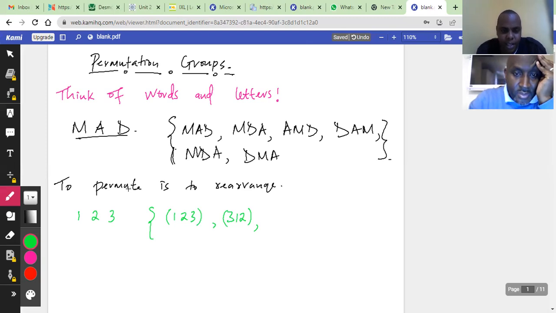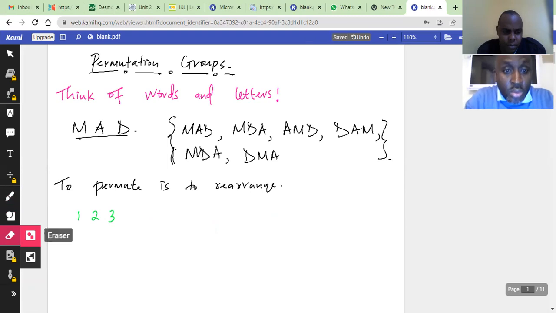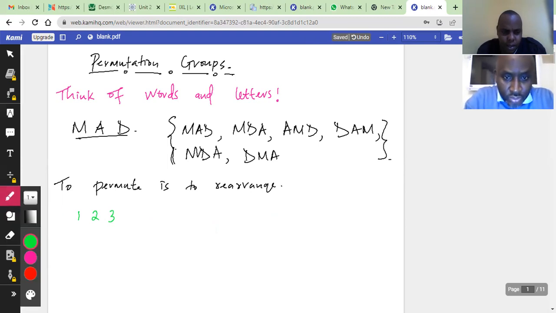That rearrangement means that 1 has gone to 3, 2 has gone to 1, and 3 has gone to 2, like we were doing with the letters. And which other one can we do? 1, 3, 2.